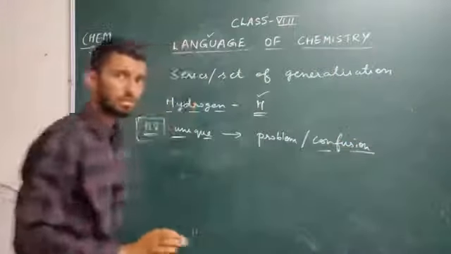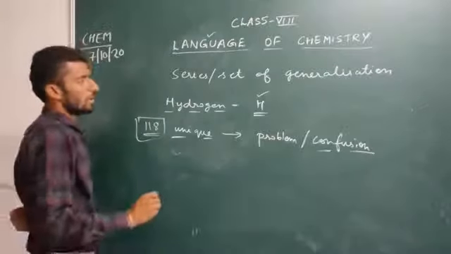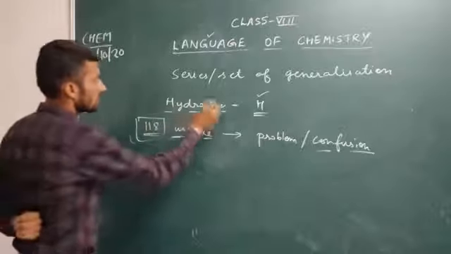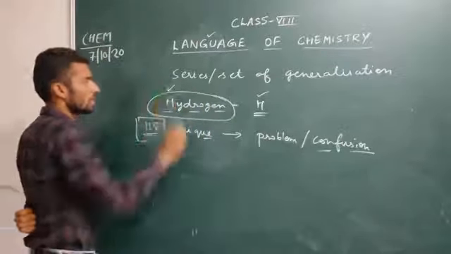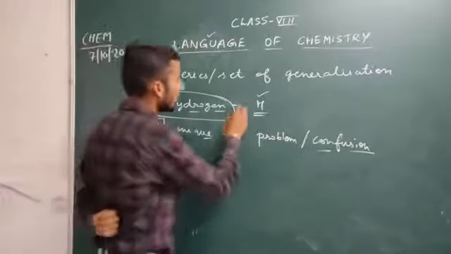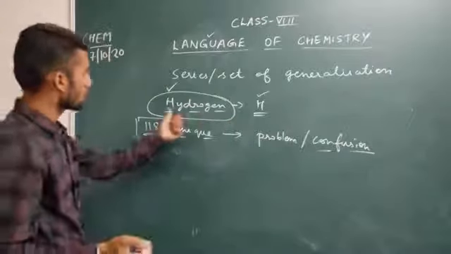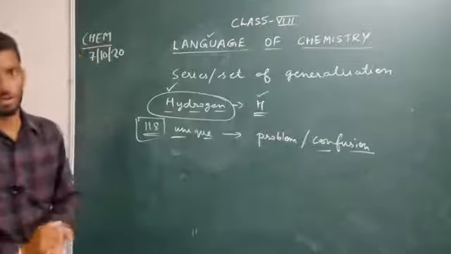So that's why all the particular elements have different symbols, and mostly the symbols start from their name, that is the first alphabet is taken as the symbol. Mostly it is followed in many cases, but there are some other names also which are not based on the first alphabet of the particular chemical element.